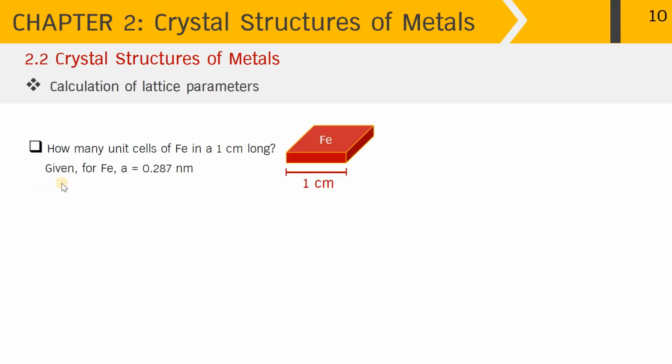Let's have a bit of calculation of the lattice parameter. I'm giving you here a piece of metal, for example iron, 1 centimeter long. And the question is, how many unit cells of iron are in 1 centimeter length? I've given you the lattice parameter for iron, which is 0.287 nanometer.